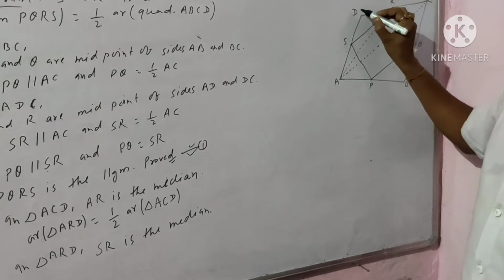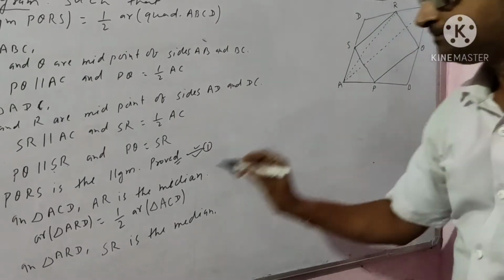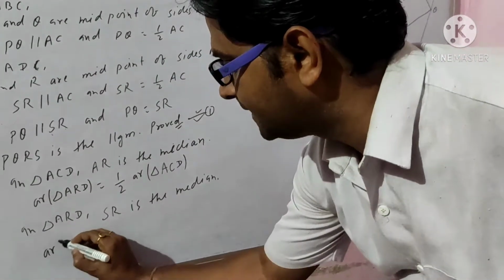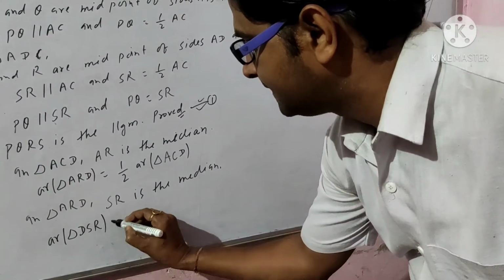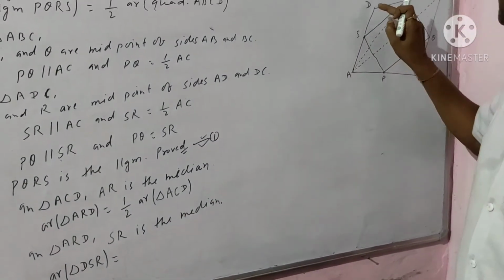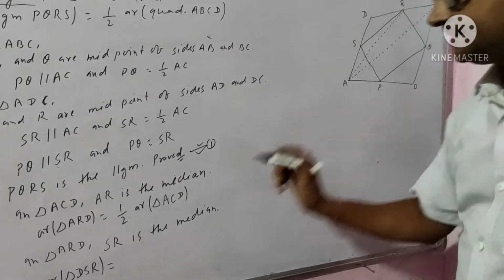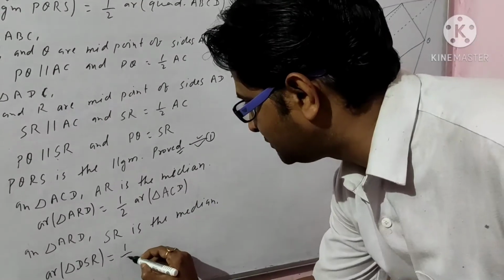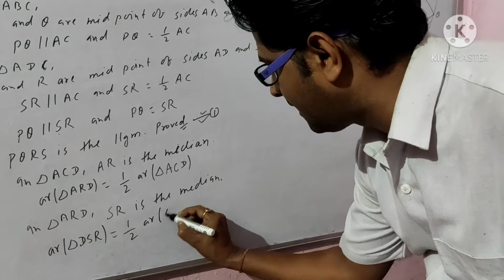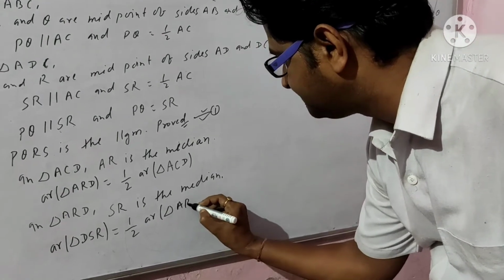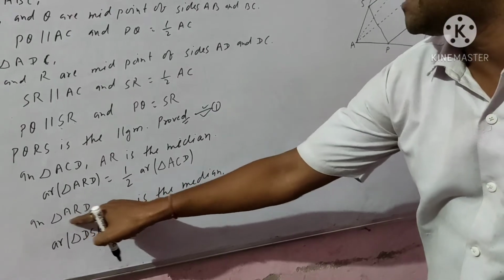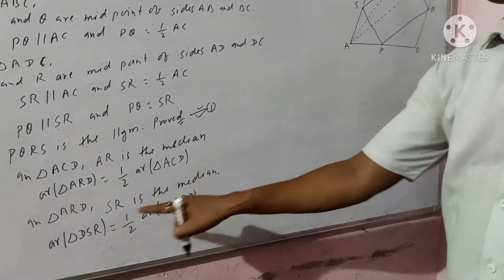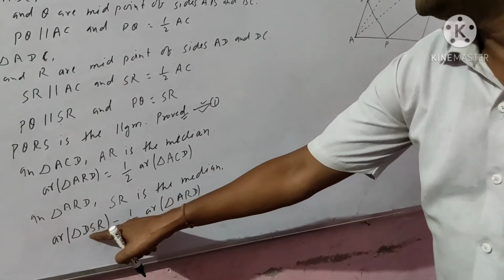So we can say area of triangle DSR is equal to 1 by 2 area of triangle ARD, because in triangle ARD, SR is the median.